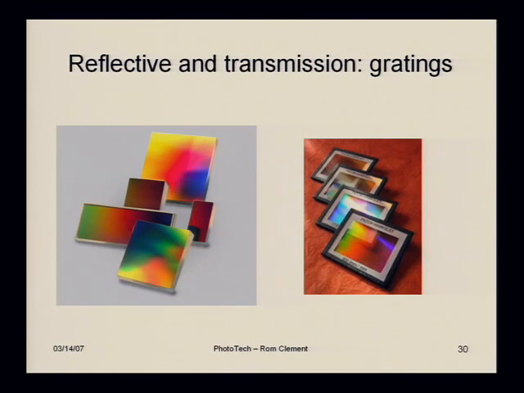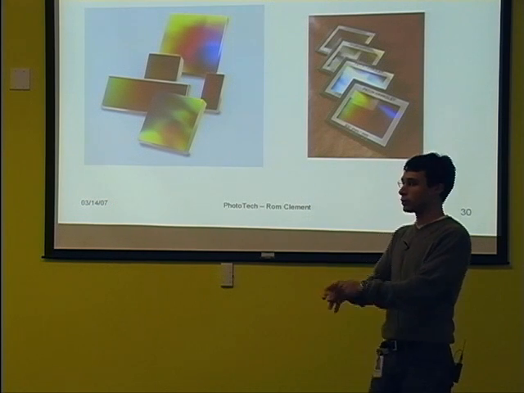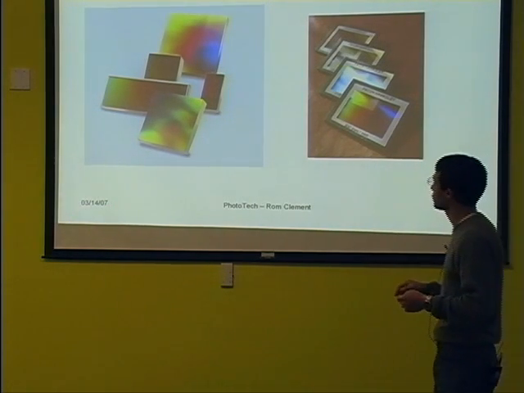On the left, you have a reflective grating. I will explain on the next slide how they are made, but they're usually about this size. You can also find smaller ones, a couple of centimeters square.